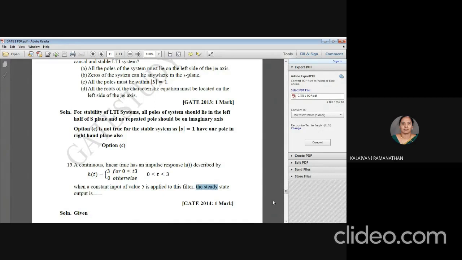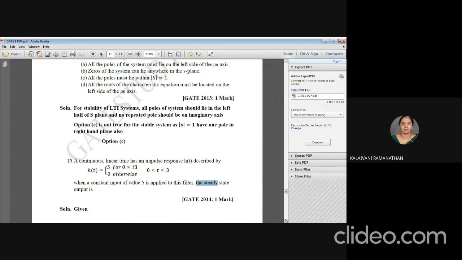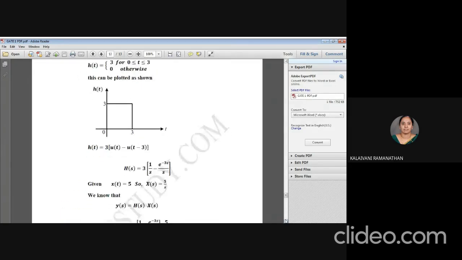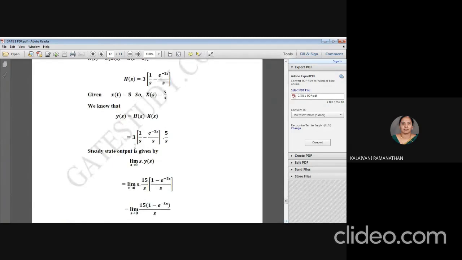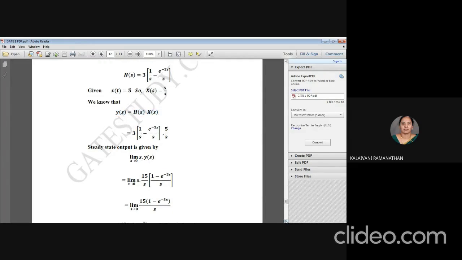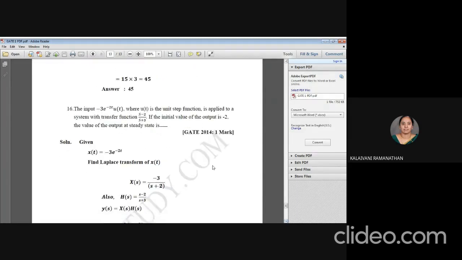After relating it, you have to apply the Laplace transform, and then finally apply the final value theorem of Laplace transform to find it. So here you have applied the Laplace transform to your output, input, and the impulse response. From this, you will be able to note down your steady state output. So finally, the answer is 45.